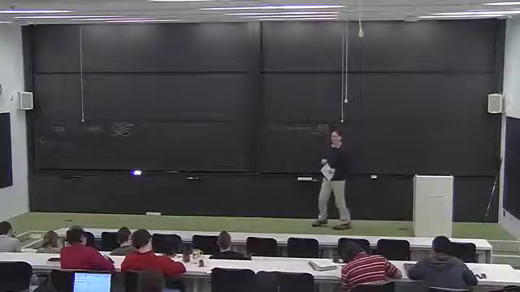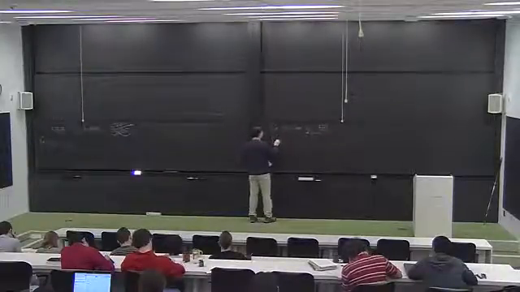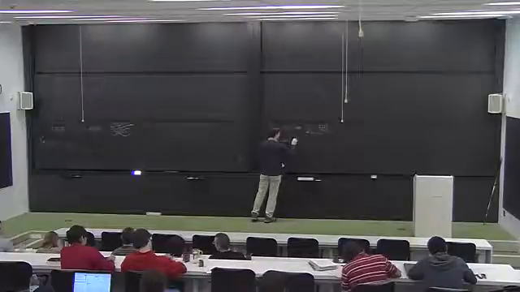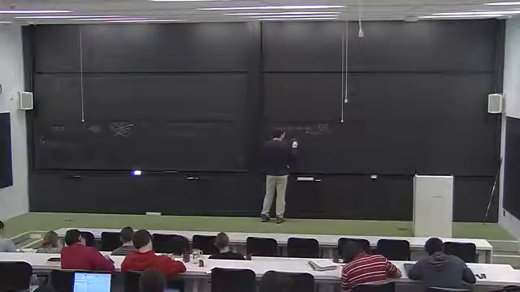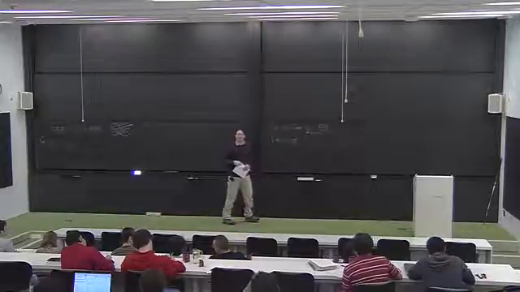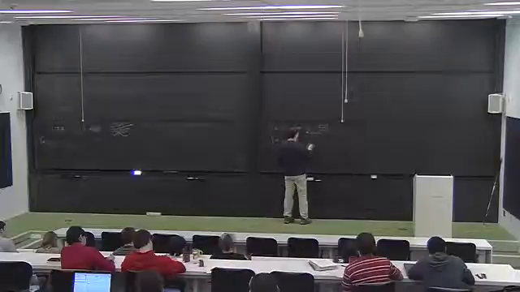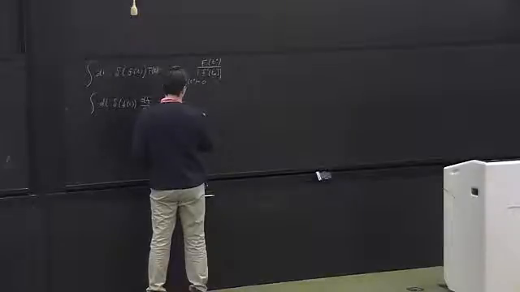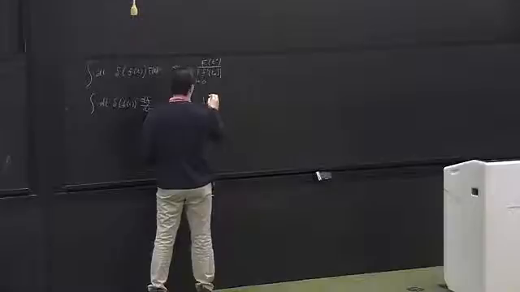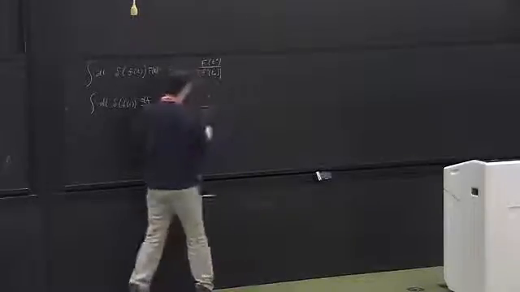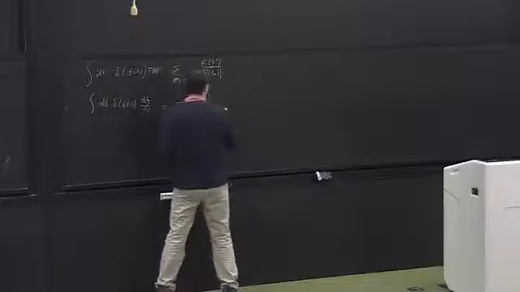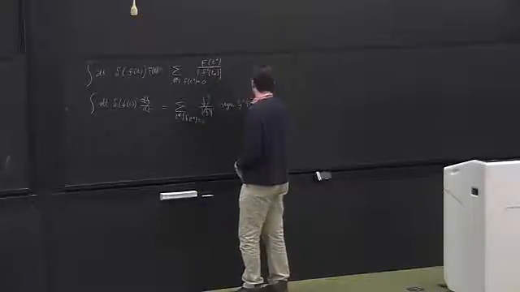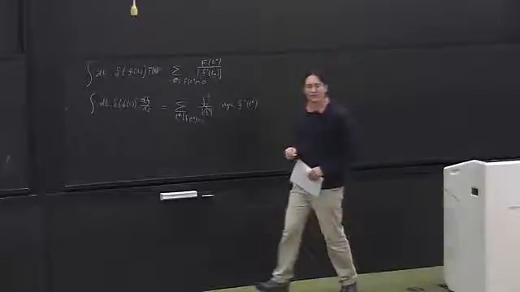Now, this means that if I do this integral, the result is actually quite nice, because I get a sum over the points such that f of t star is 0 of f prime over absolute value of f prime, which is just the same as the sign of f prime. Okay? So let's see what that means here.